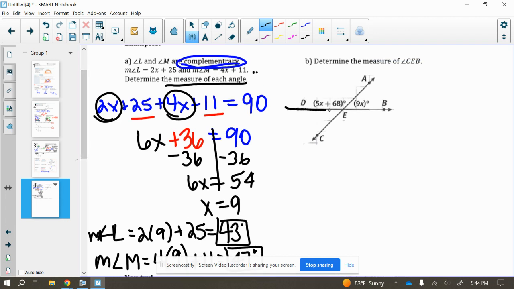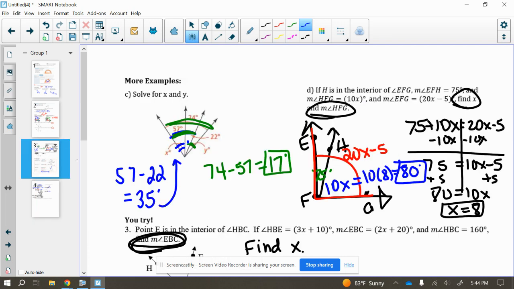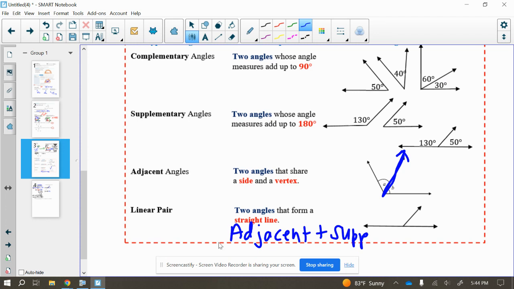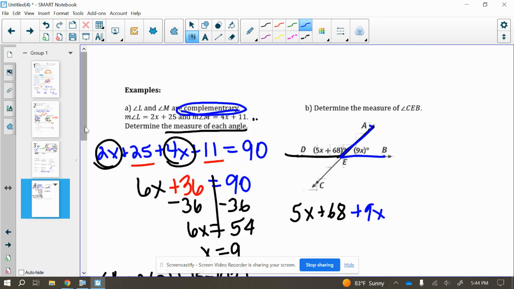Now, the next piece here, notice they're giving us two different things, 5x plus 68 and 9x. And together, they're creating what we saw on the last page, this idea of a linear pair that are creating a straight line, aka they have to equal 180 degrees.